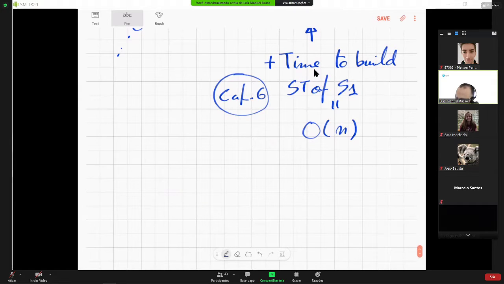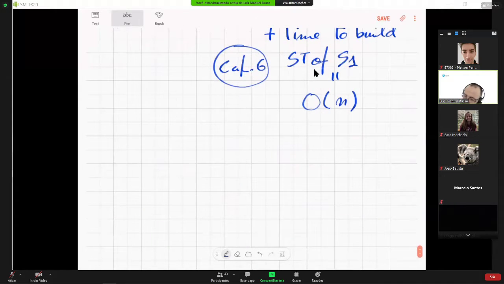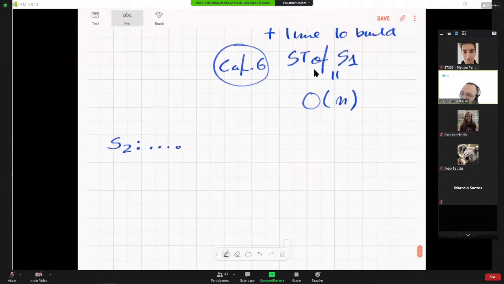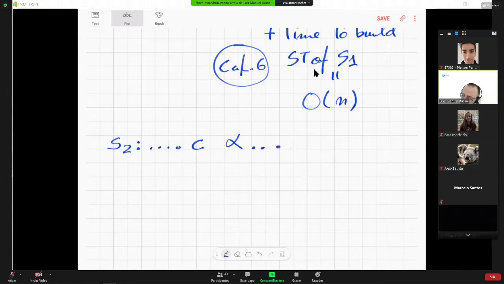What's the problem right here, right? Okay, so basically the idea is that, suppose that you have your S2, right? So this is your second string. So at some point, there is some letter, okay, so I'll just call that letter C, okay? And then there is some string, alpha, okay? And then there is some other stuff here.